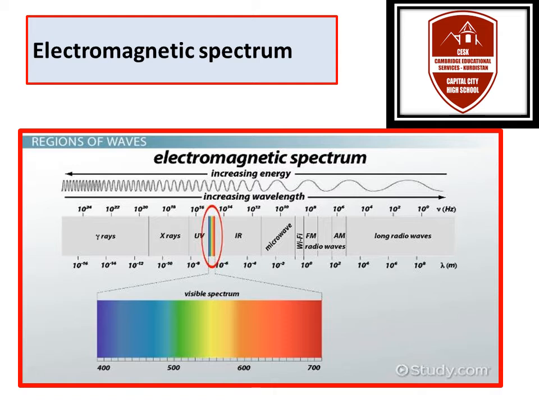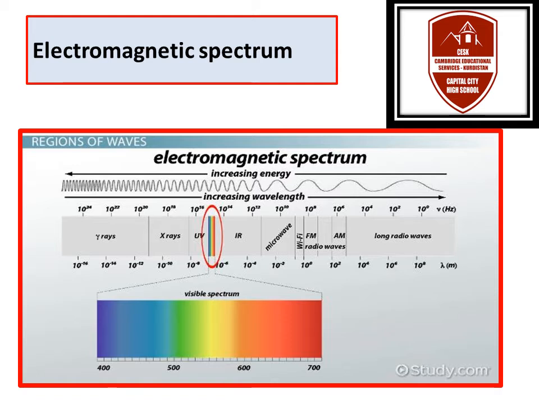But here it is important: when wavelength increases to the right side, the frequency decreases. So there is an inverse relationship between wavelength and frequency.